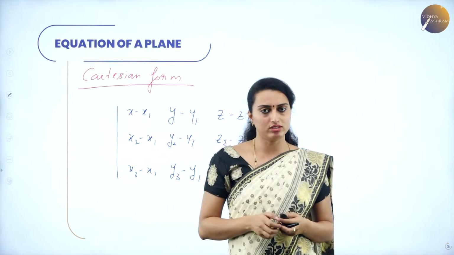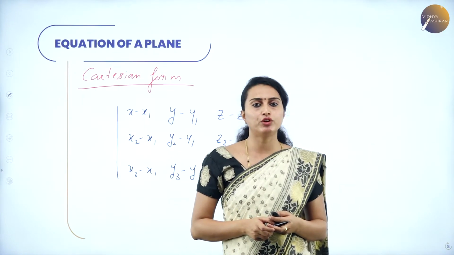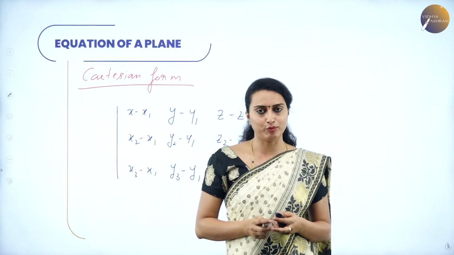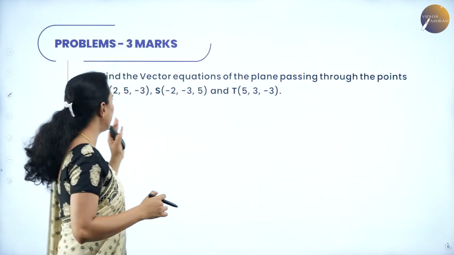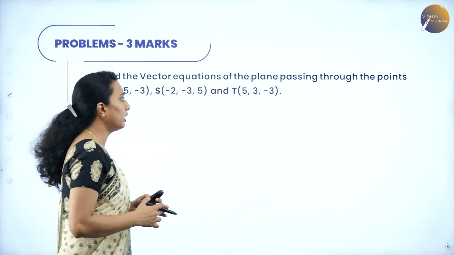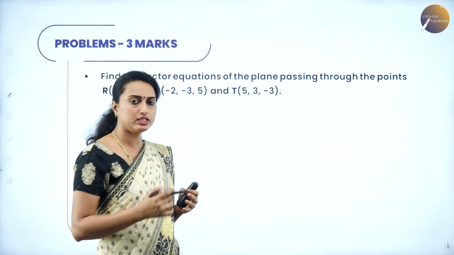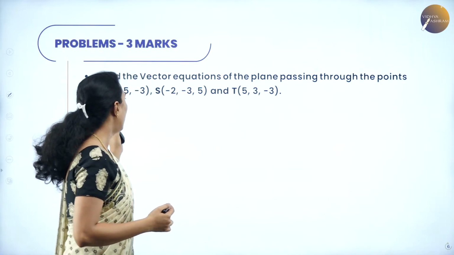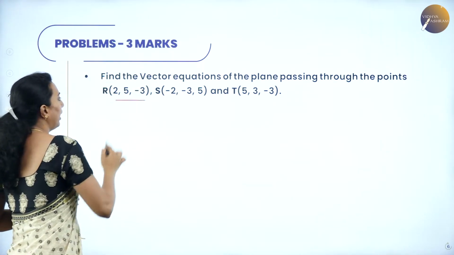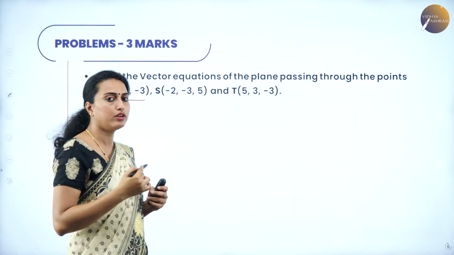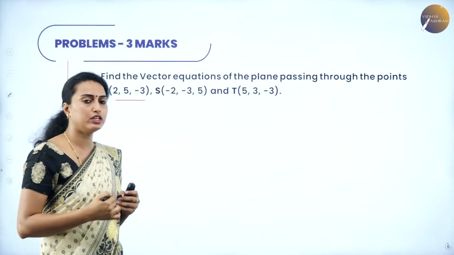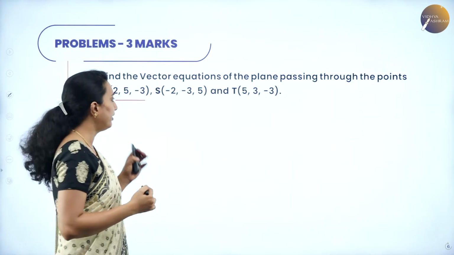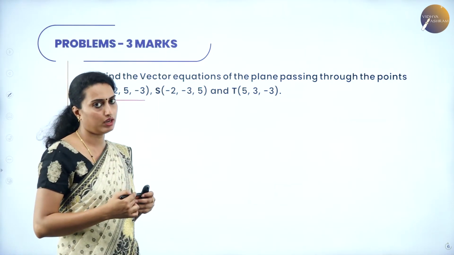Now, based on this, dear students, we'll be moving on to solving problems. What is the first problem they've asked? They've asked like this: find the vector equation of the plane passing through the points R of 2, 5, minus 3, S of minus 2, minus 3, 5 and T of 5, 3 and minus 3.